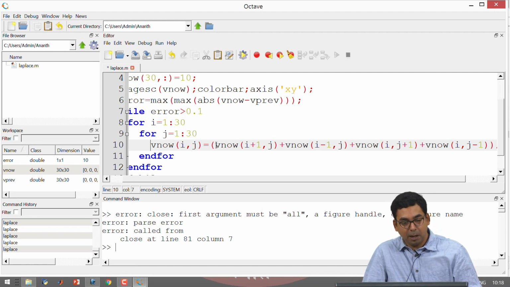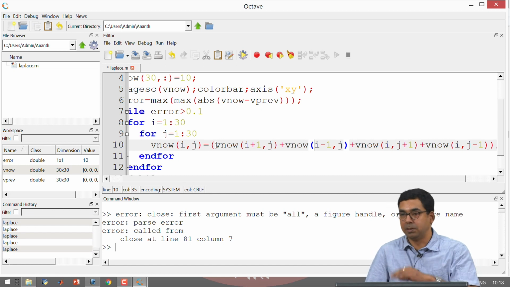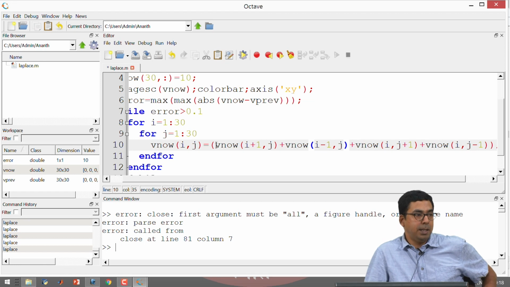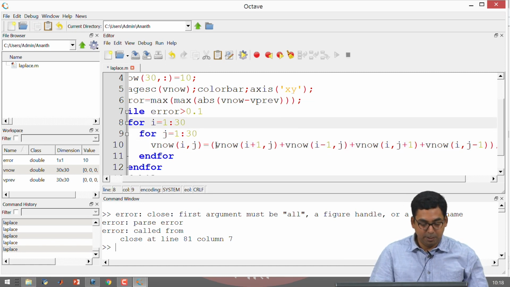So, I will be calculating V now at 1 comma 1, and it is now taking V now of 1 plus 1 comma 1, which is 2 comma 1, but then I have 1 minus 1 comma 1 also, which is going to index 0. Unlike C or C++, here the starting index in Octave or MATLAB is going to be 1. So, this is going to throw an array out of bounds or index out of bounds error. Okay. So, this means we need to start our loop at 2.